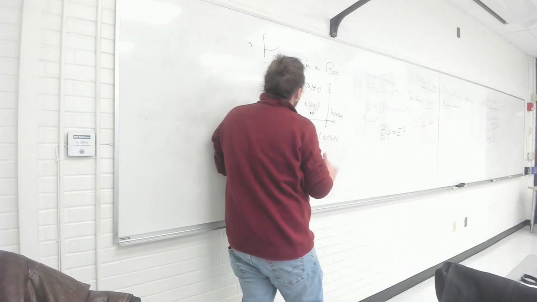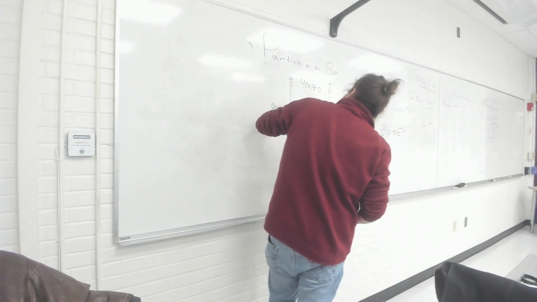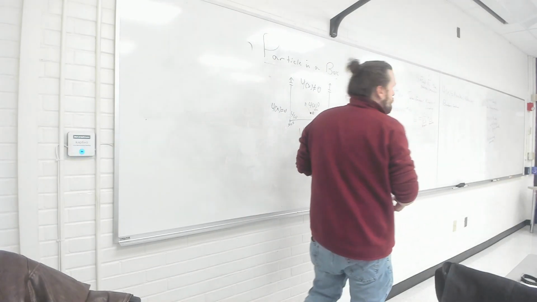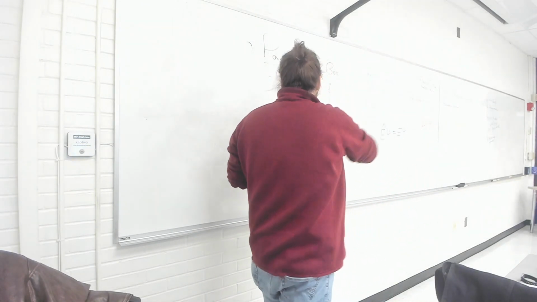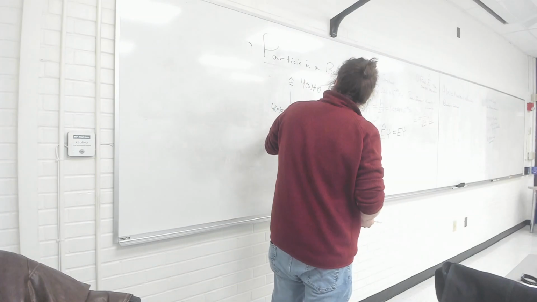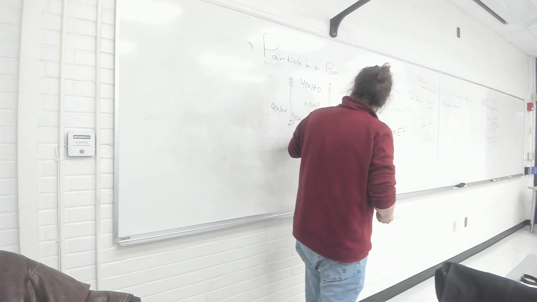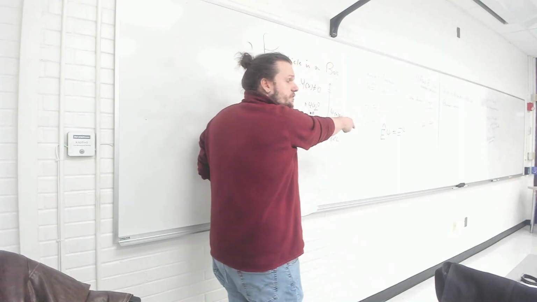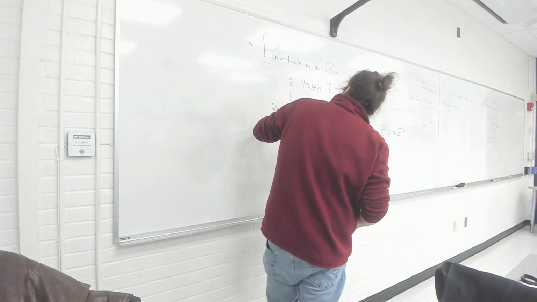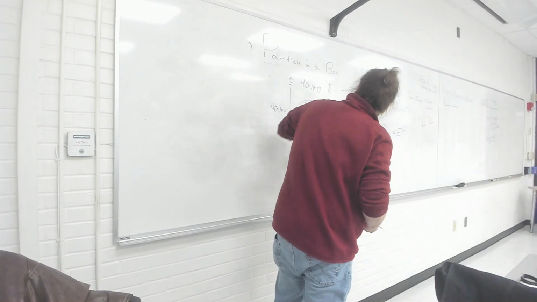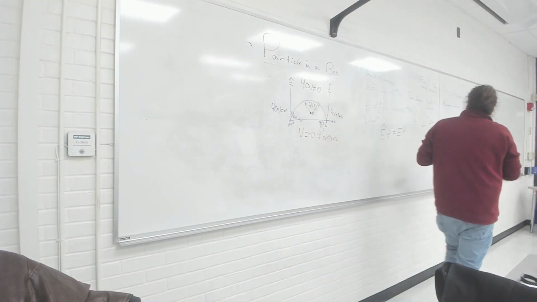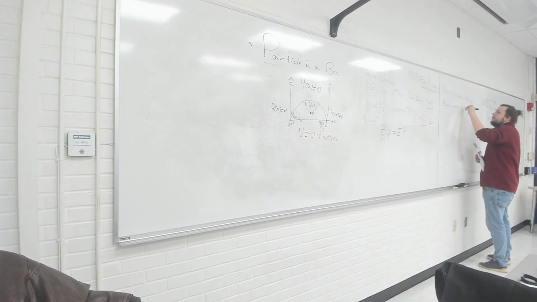So now the question is, what's psi of 0 and psi of L? Well, those walls are infinitely high. So psi of 0 must be 0 as well, and psi of L must be 0 as well. You can say that the wave function ends at those limits. So you know that the wave function should kind of look like this. Psi of 0 is 0, and psi of L is 0.